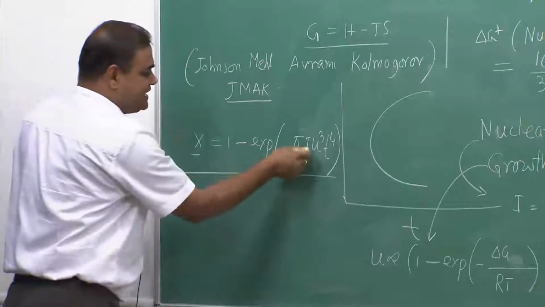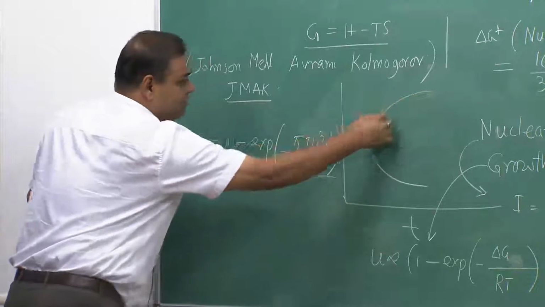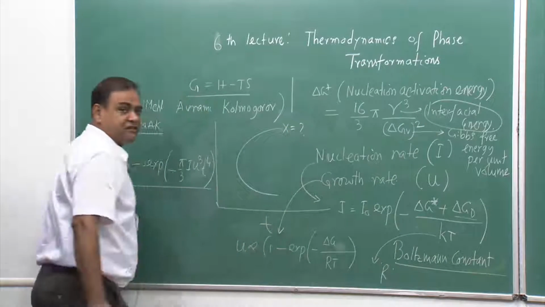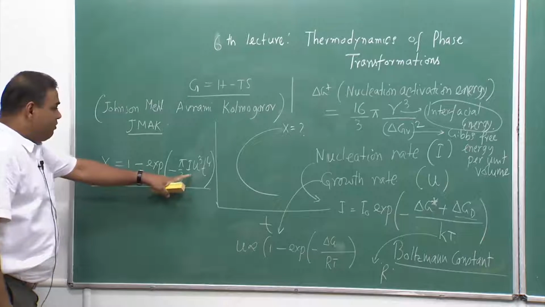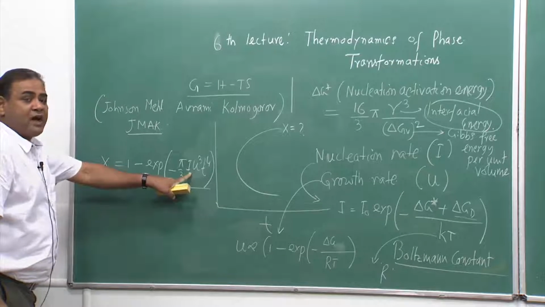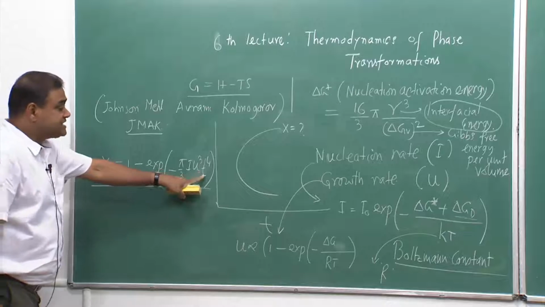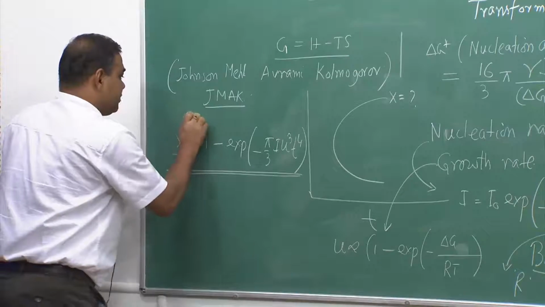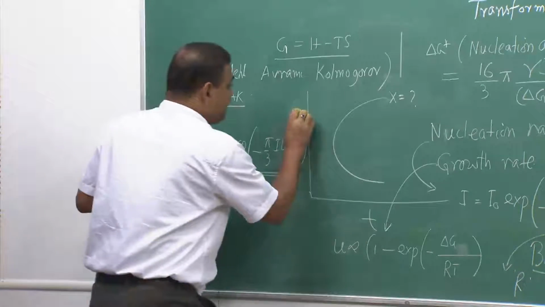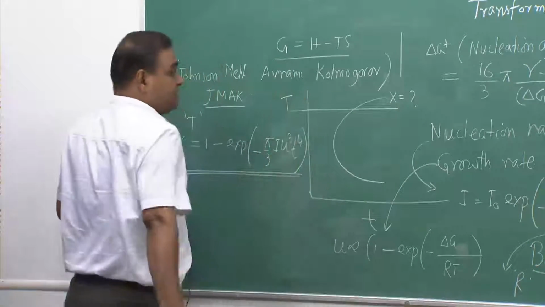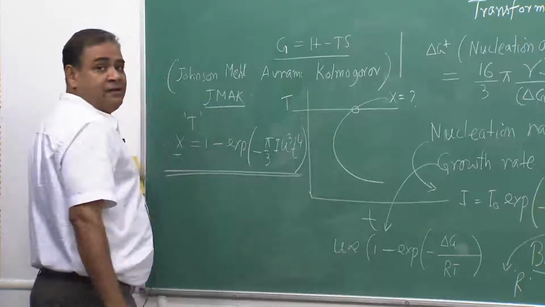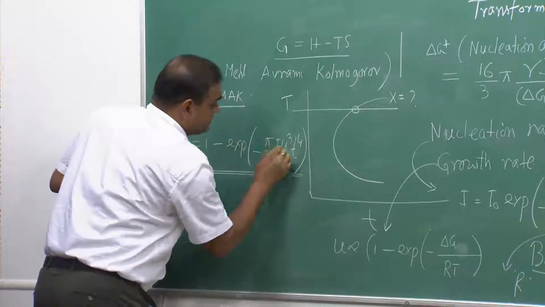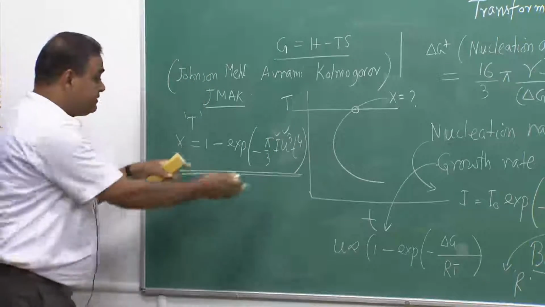So, this particular graph is plotted with some x value, and then I need to know what is my I, what is my u, and this time is basically the time axis, at some particular temperature T. So, now if I try to find out at this temperature, when this point would appear, that would be decided by u and I. So, this is overall kinetics.